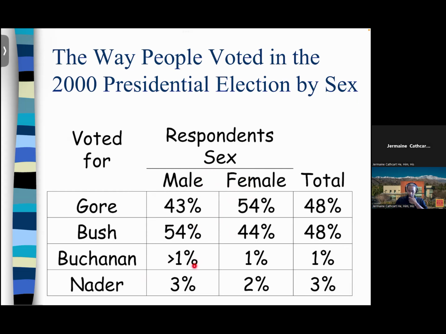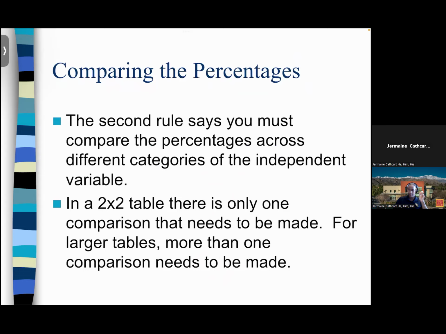And there didn't seem to be a huge relationship between sex and who voted for Buchanan and Nader. Buchanan certainly didn't seem to have gotten a lot of people, Pat Buchanan's. Okay, and we can keep on doing that. In general, females are more likely to vote Democratic and males are more likely to vote Republican, right?